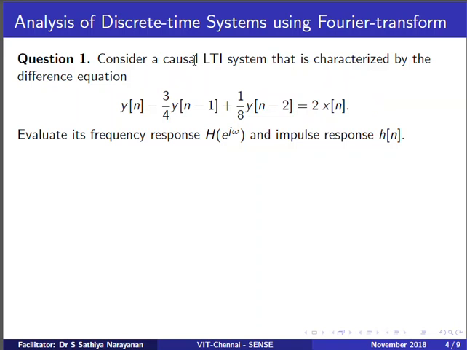So we need to find the system function or the frequency response H of e raised to the power j omega first. Once we find that, taking the inverse DTFT of the frequency response will give the impulse response of the system.